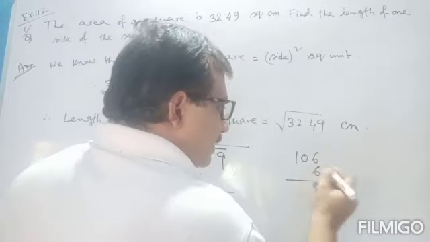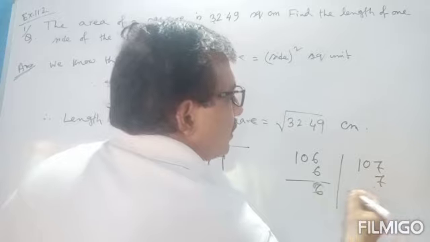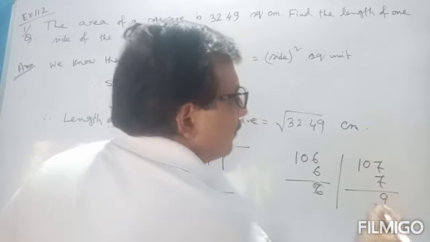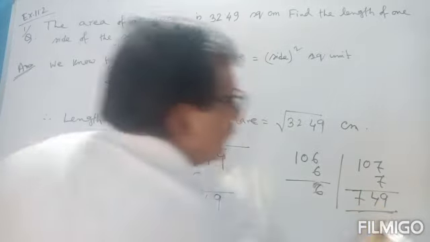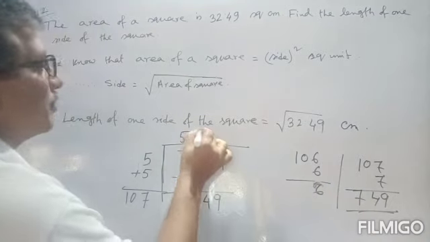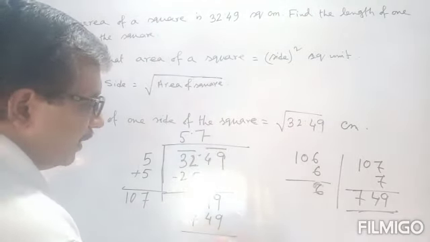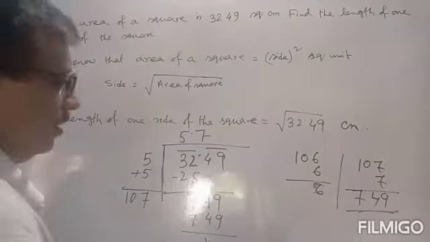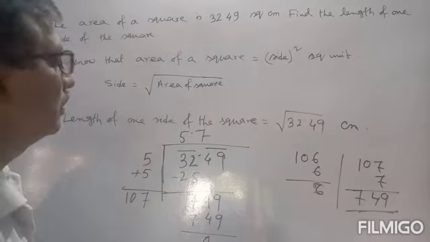Now cancel it. Put 7. 107 into 7. 7 7s are 49. 7 1s are 7. 749. That means if we put 7 here and multiply it by 7, so 7 here also, we get 749. The remainder is 0.